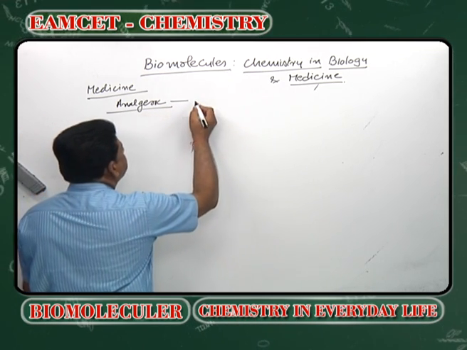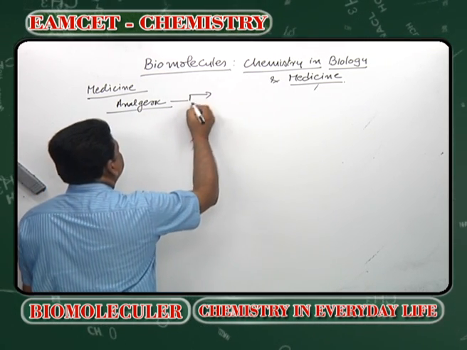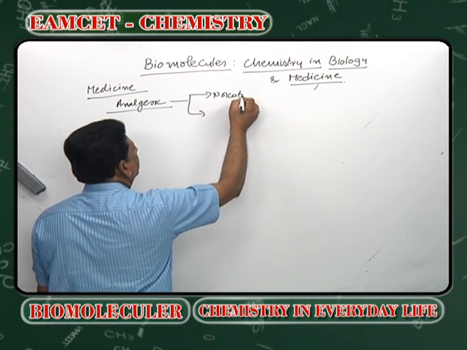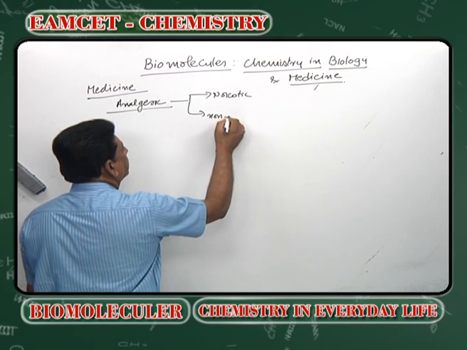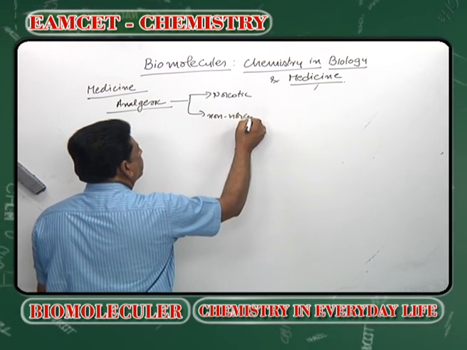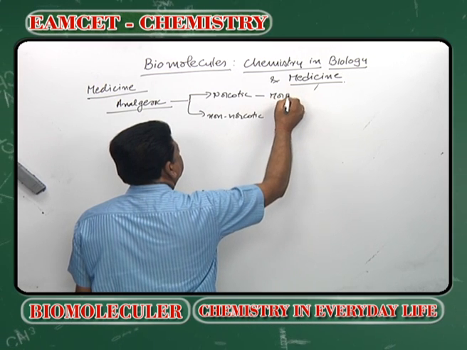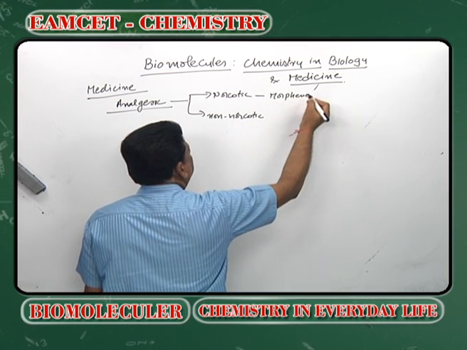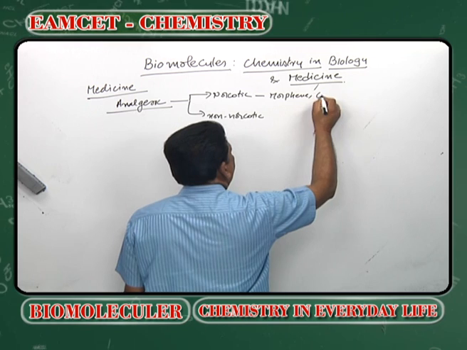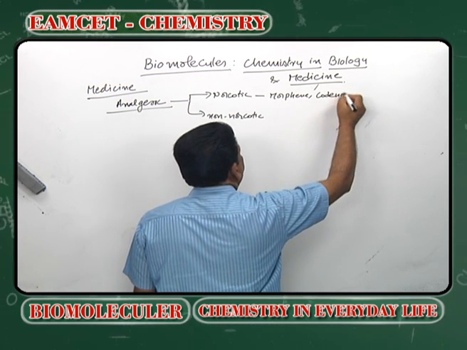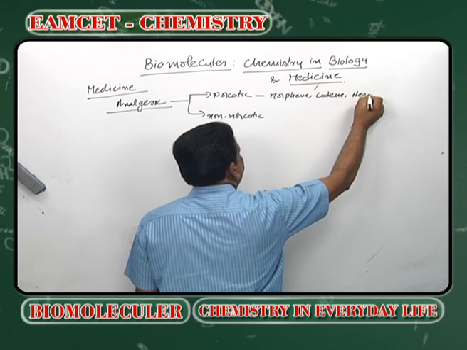Analgesic drugs are divided into 2 types, narcotic and non-narcotic. Under the narcotic, we have morphine, codeine, and heroin.